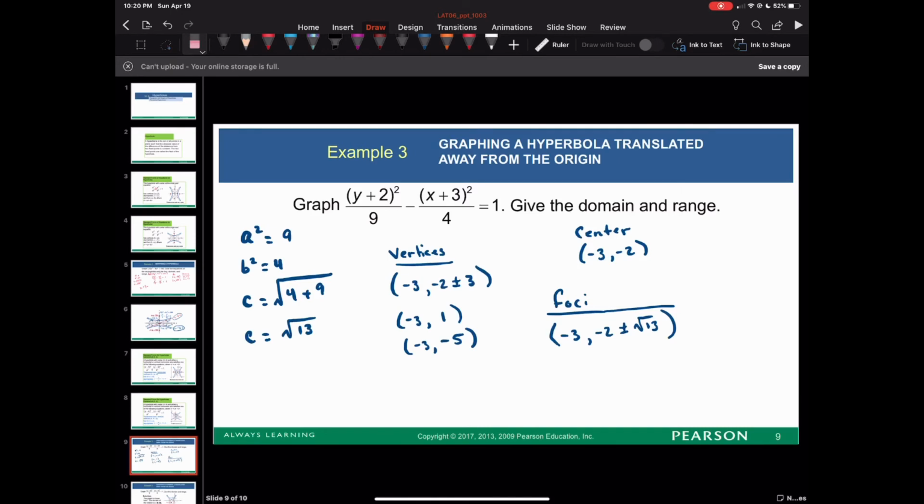So asymptotes: we got y is equal to plus or minus 3 over 2 times x plus 3, then plus k, so it's going to be minus 2.